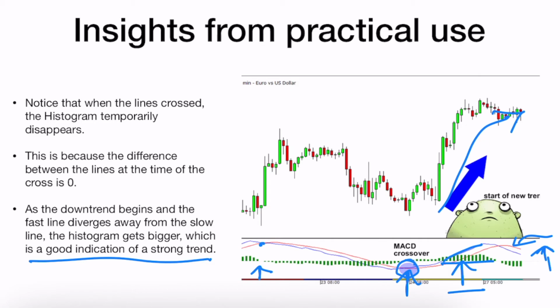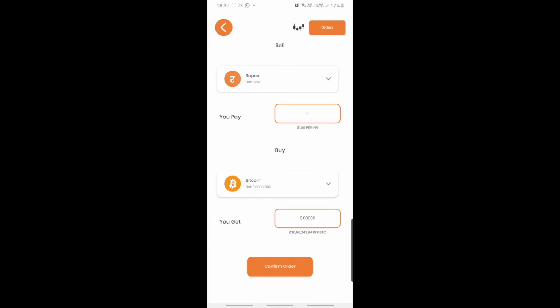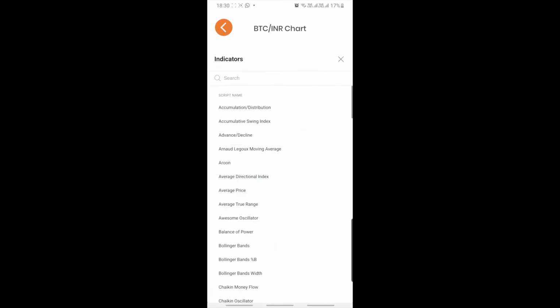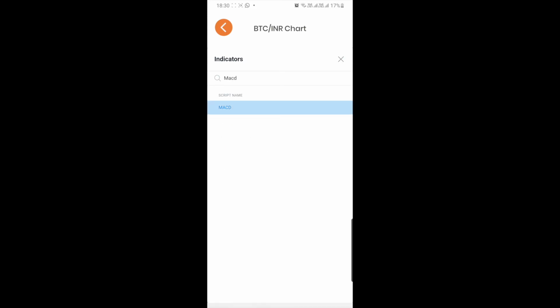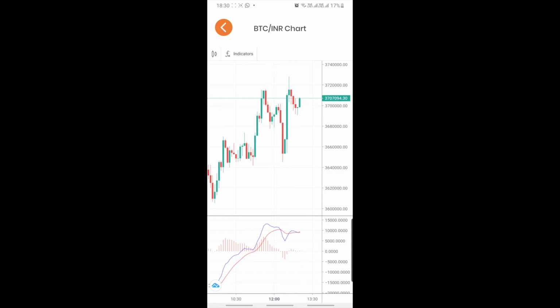So let's see how to use this in the Krypto app now. This is the Krypto app and this is the exchange screen. Let's go on stats and you have the BTC/INR chart. Let's go on FX indicators and select MACD. And we have MACD. We have the histogram over here.